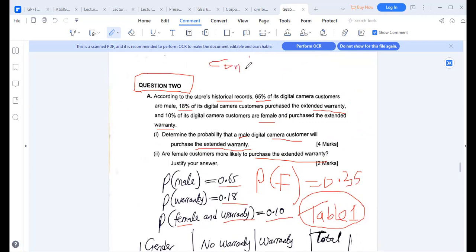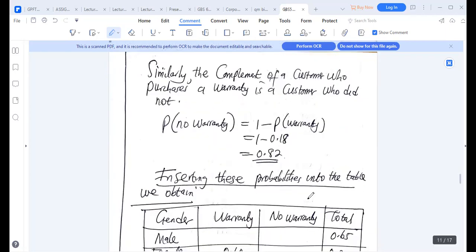The question 2 was conditional. It's just a matter of having time to go through this one. All right, so now we can get to the other question. The other question is also looking at probability. So it was on probability, question 2.